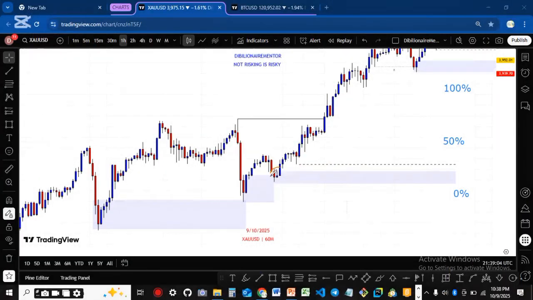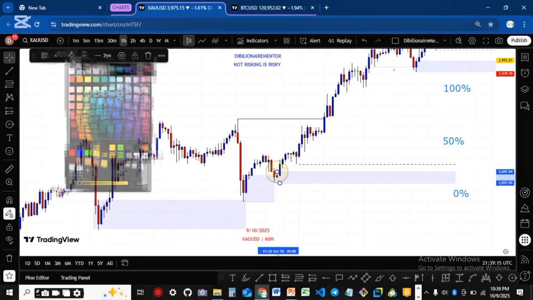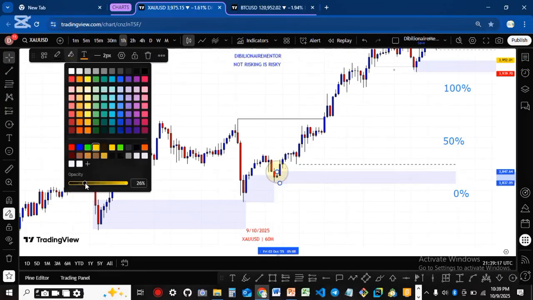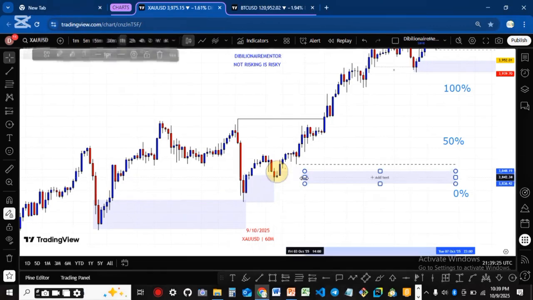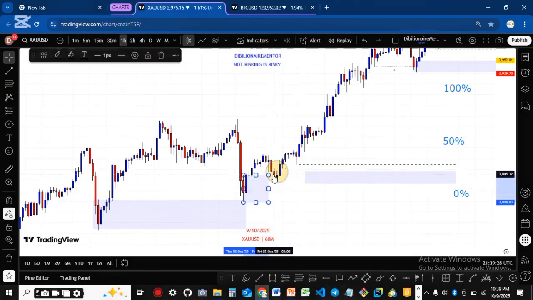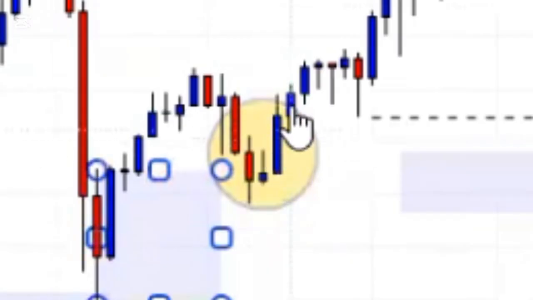This place here, you can see those three candles here. We have this one, we have this red candle, the indecision candle, then we have this other candle here.